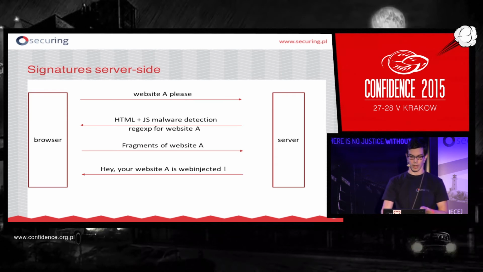He also got this detection script, whose signatures were really regular expressions which extracted parts of the rendered HTML site, and those fragments were sent back to the server to be analyzed. Here the signatures maybe weren't easy to see, and some of the analysis was done on the server side, but still we know which parts of the website were analyzed.